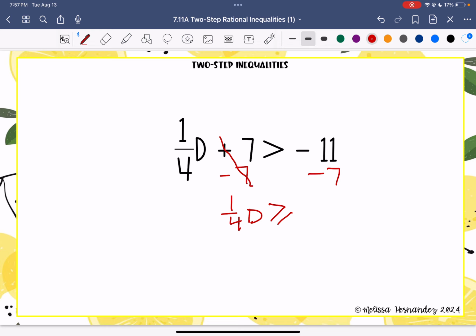This cancels out because plus 7 minus 7 is 0. Negative 11 minus 7. So look at it as you borrowed $11 from somebody and then you borrowed 7 more, so you end up owing someone $18. Okay, so I prefer the fraction model because I feel like kids are much more successful that way. It's whatever works for you.